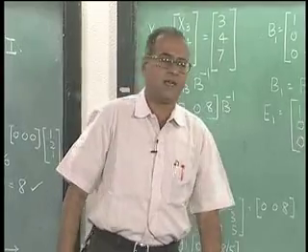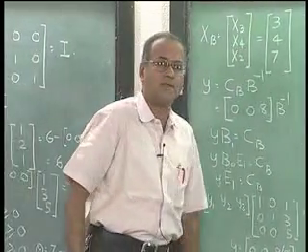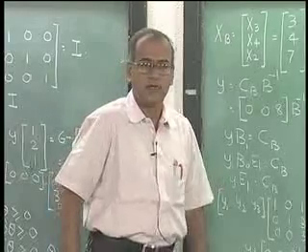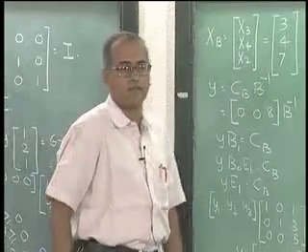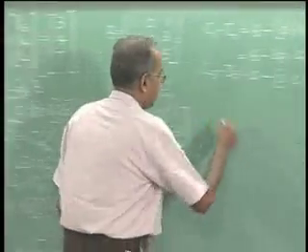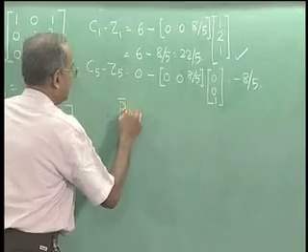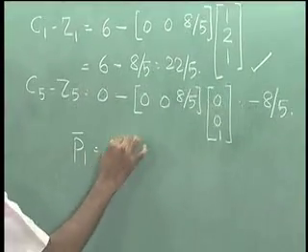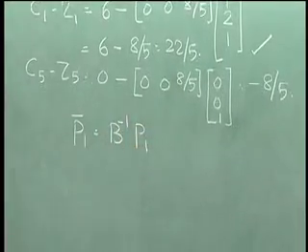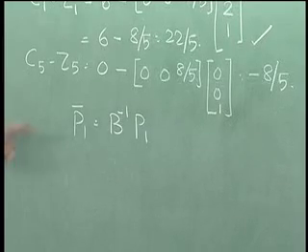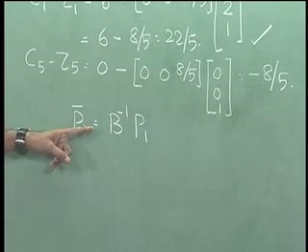Now, once variable x1 will enter, we now have to find out the leaving variable. So, in order to find out the leaving variable, we need to find out P bar 1 equal to B inverse P1. Once again, we do not have B inverse explicitly computed.